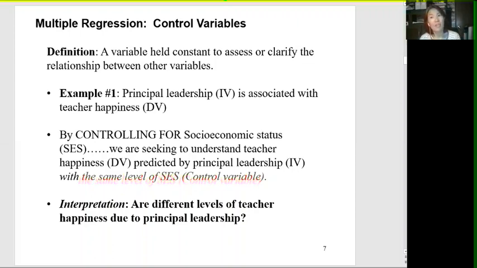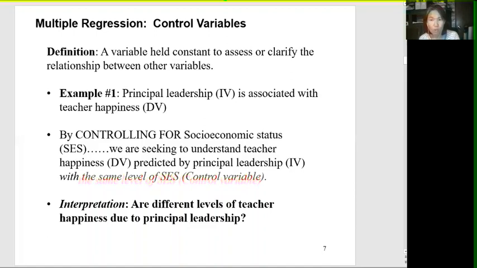But that is not your main interest. You have other interest, which is called the independent variable, right? So statistically, there is no difference between a control variable and an independent variable. However, conceptually, you are interested in your independent variable. That's why you call it independent variable.